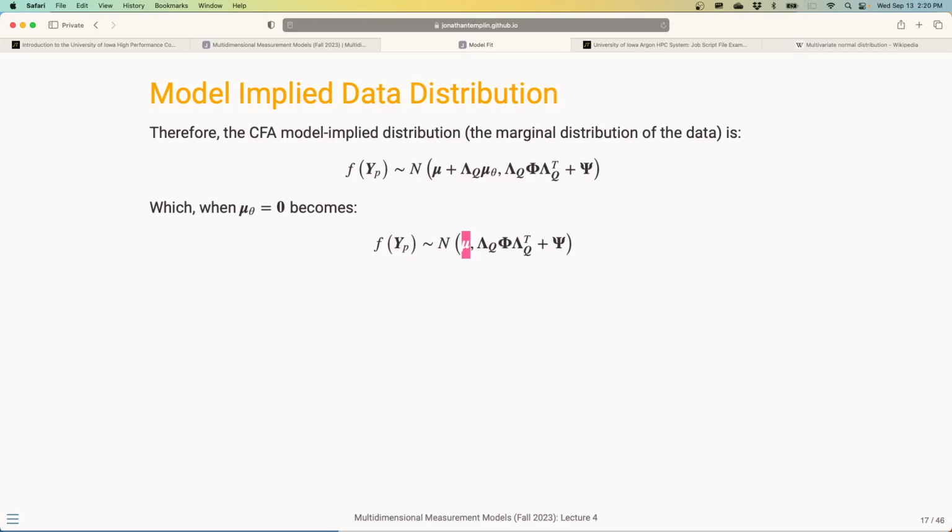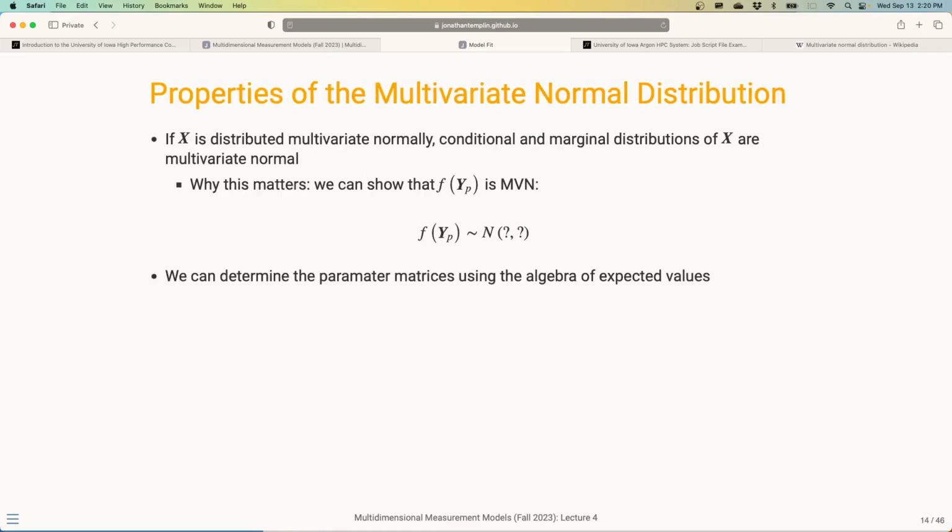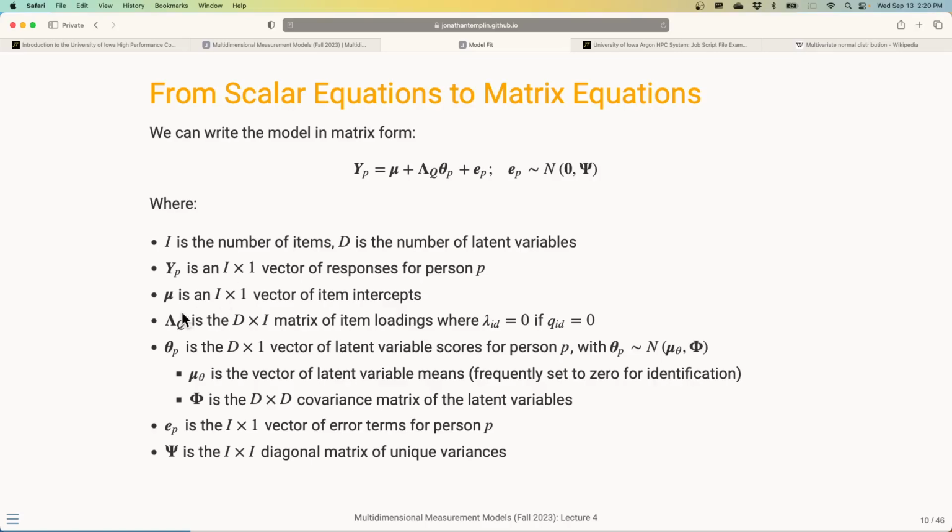The transpose of the constant should be, the formula should connect to the dimension. Oh, you know what? I think you're right. Yeah, it should be lambda transpose. Here I have number of dimensions by, actually no, it's items by dimensions, right? What do I define lambda as? Lambda, yeah, this should be items by dimensions. So I had flipped that.